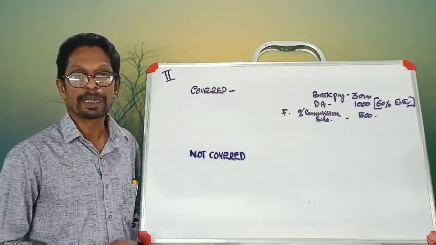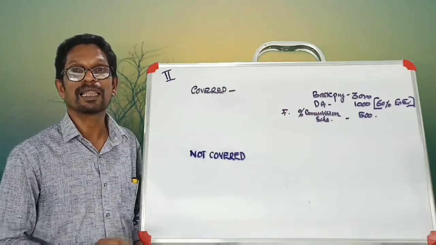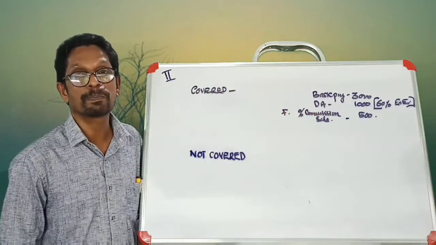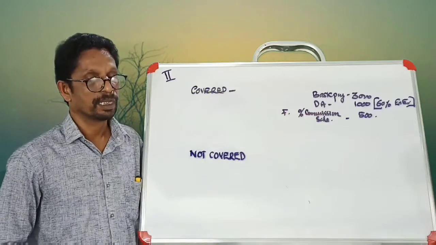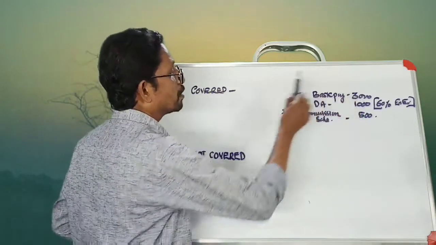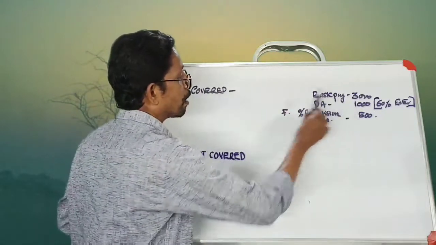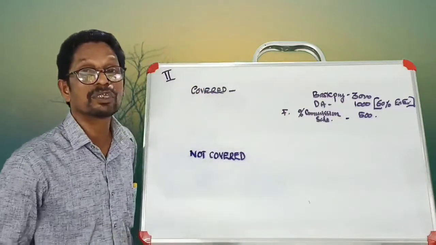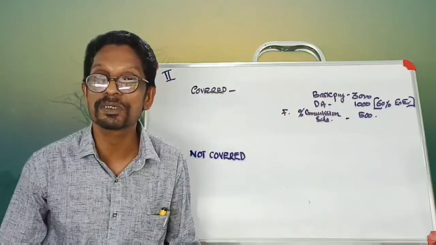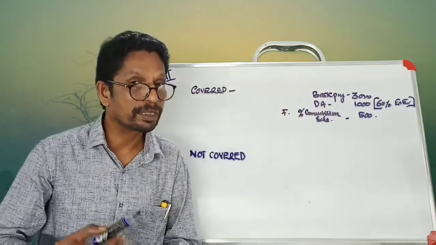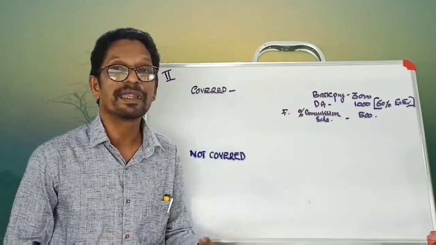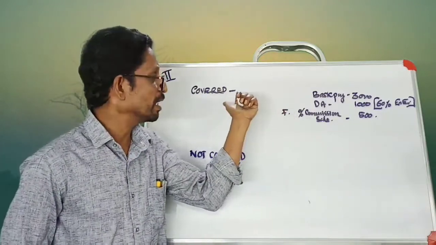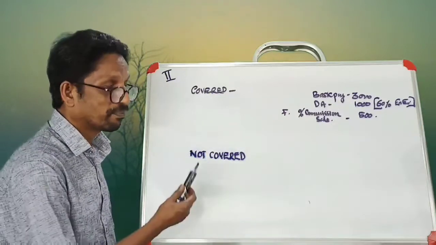We said that the term salary here means basic pay plus DA plus fixed percentage commission on sales. Say for example, basic pay per month 3,000 is given, DA rupees 1,000 is given, and regarding DA one more piece of information is there: 60% NS. 60% NS means that when calculating retirement benefit, only 60% of DA is taken. Here in the first category, we are finding the salary.